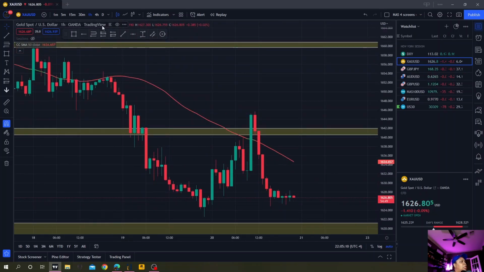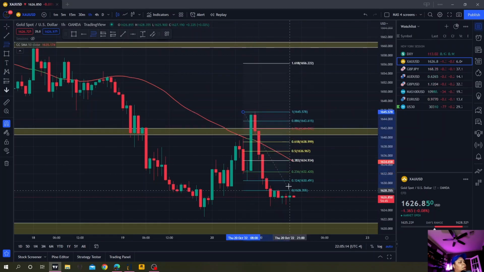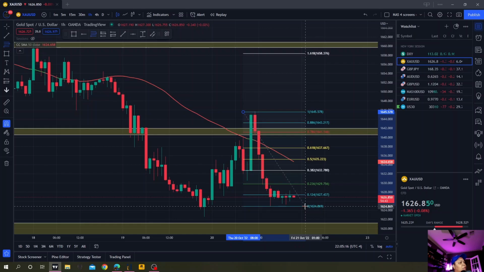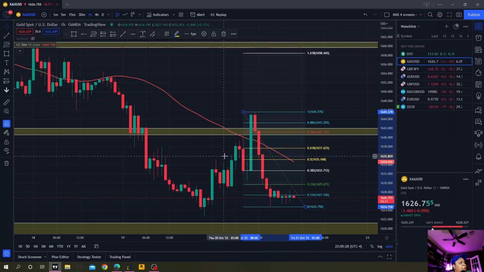So let's see. You've got a golden zone here, usually between the 0.618 and the 0.5. If it's in an area of support or resistance, that's extra confluence.